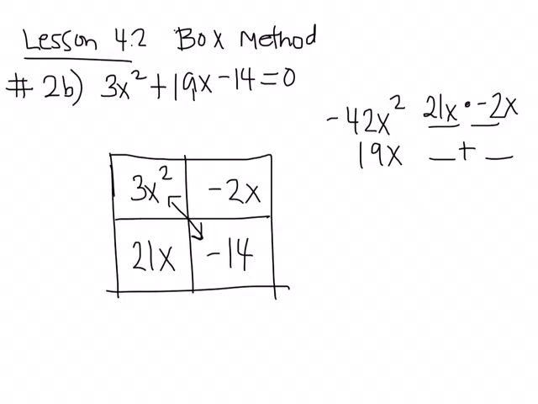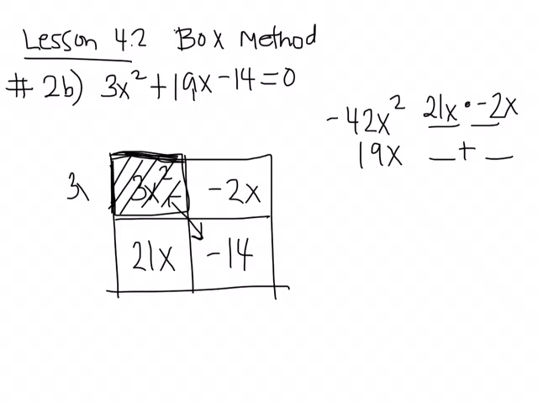Now you have this area here of 3x squared. You're trying to come up with the side length, meaning the length and the width that if you multiplied them would give you 3x squared. So I know that 3x squared could be split up into 3x and x.